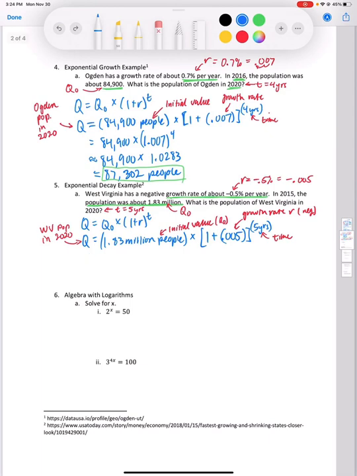So this Q is equal to 1.83 million times 1.005 to the 5th power. That's equal to 1.83 million times, well, it's approximately equal to, because 1.005 to the 5th is not exactly this number.